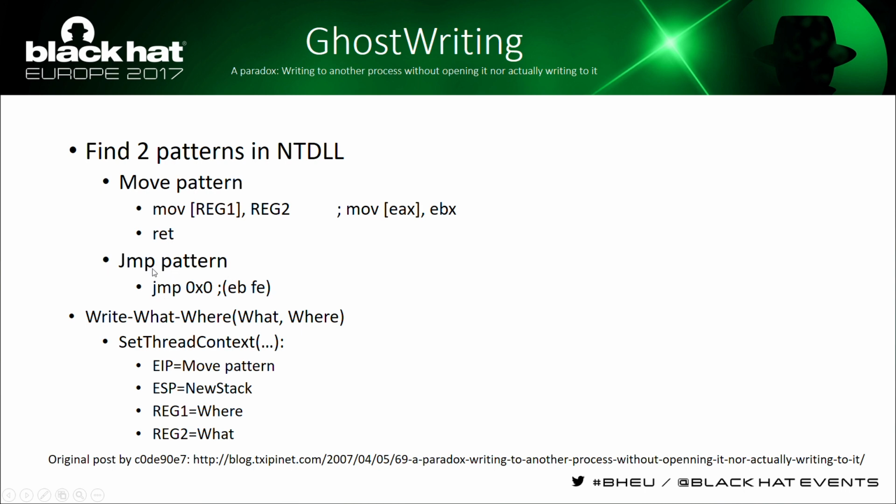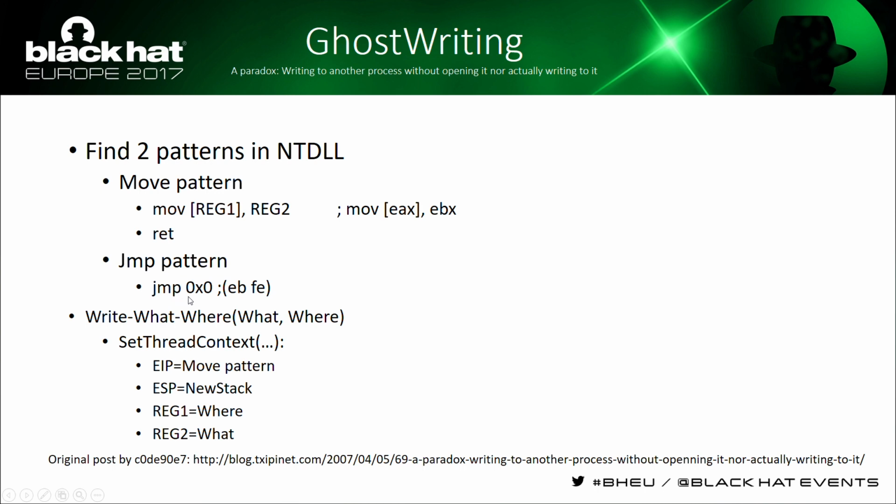Now, what is this jump pattern? This jump pattern is just jump 0, which means that it jumps 0 bytes, and that means that it will just keep executing the same instruction over and over again, or basically it'll be stuck in an infinite loop. Now, this instruction shouldn't be found in a normal program, because nobody would want their program to completely stick in a way where you can't really wake it up.